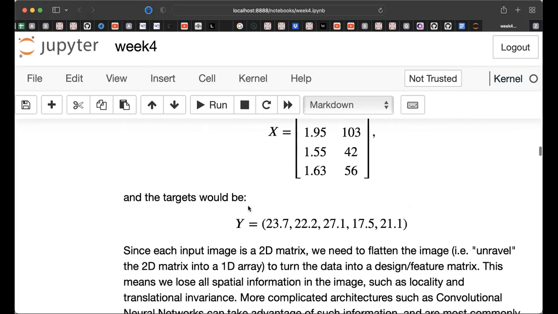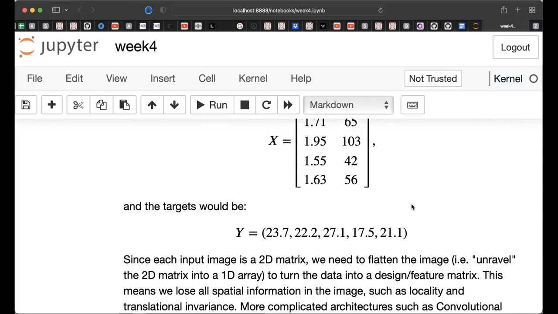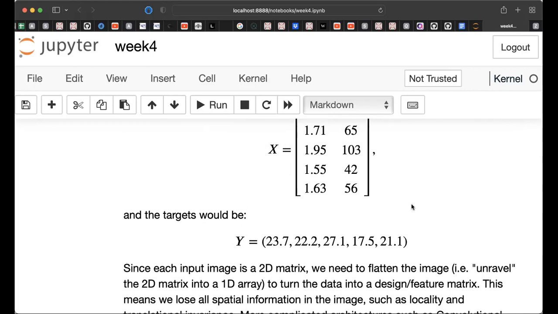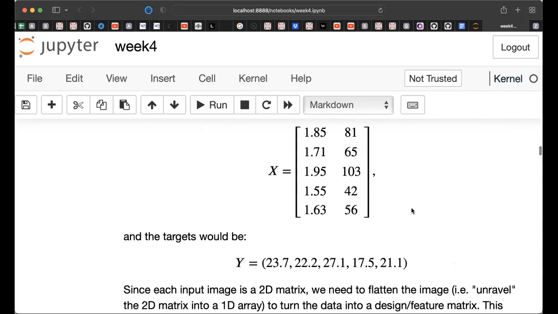And then the targets would be the body mass indices, which you have calculated based on these.